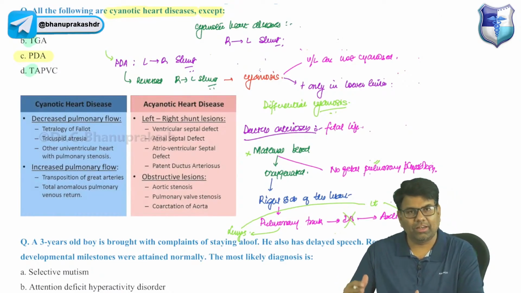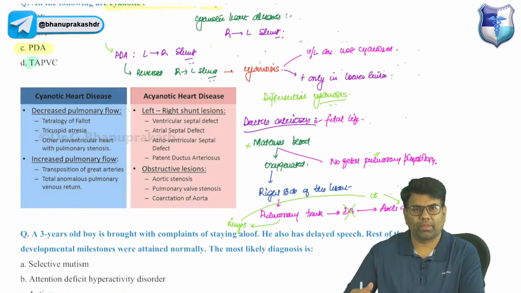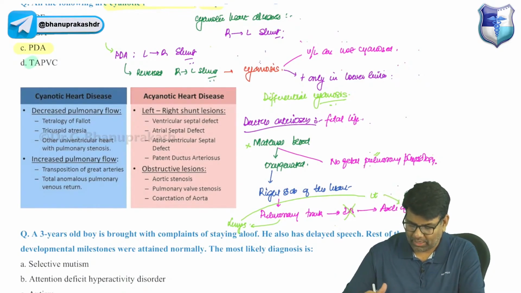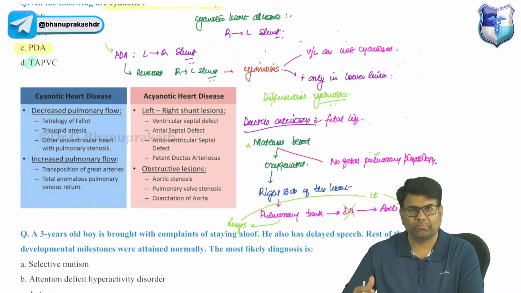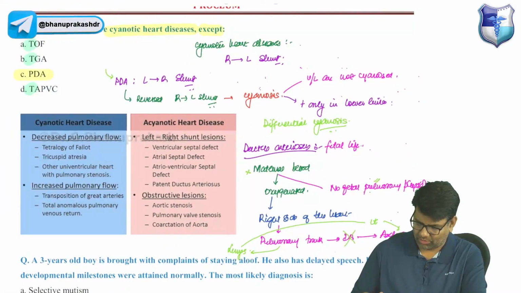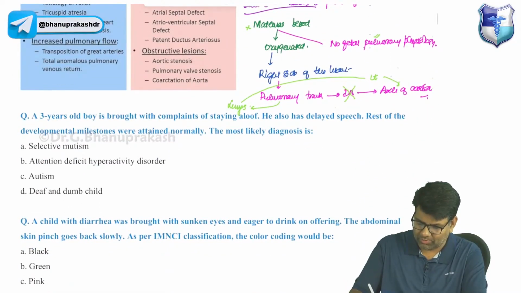So it is initially a left to right shunt, but with continued buildup of pressure in the pulmonary circulation, there is development of pulmonary hypertension, and finally it reverses, it becomes a right to left shunt, leading to differential cyanosis. Right? So this is in short about patent ductus arteriosus. Now let us move to the next question.